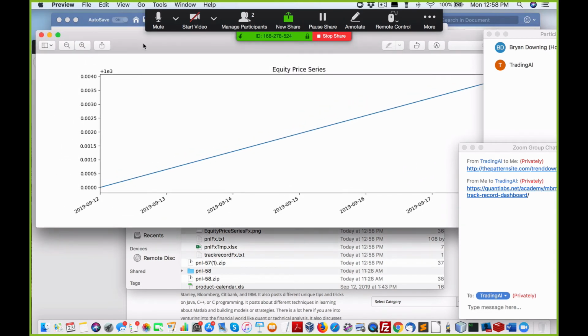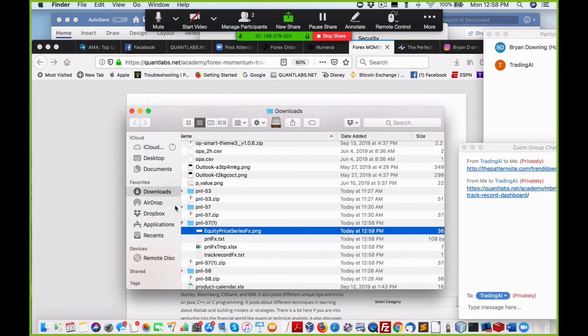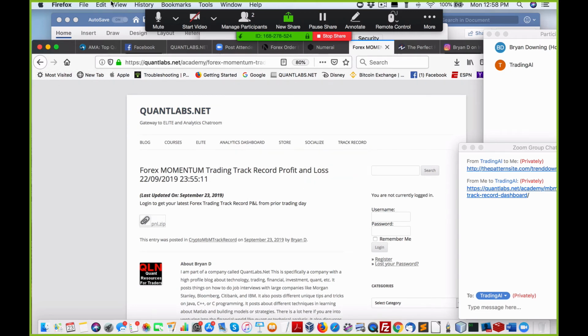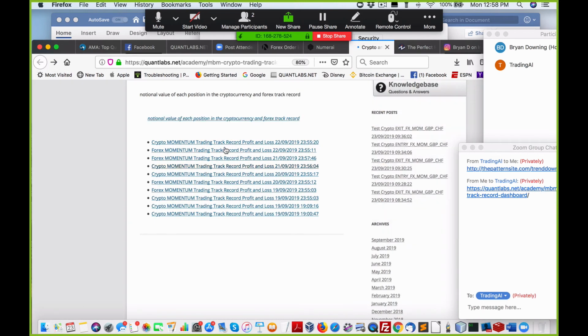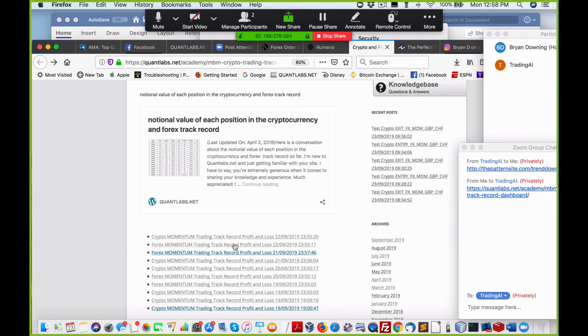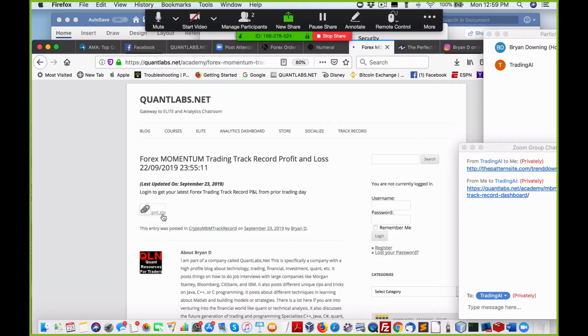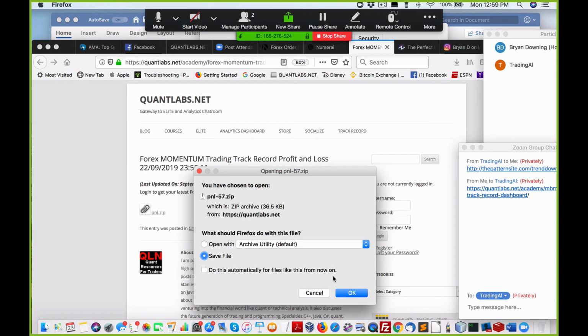But then if I showed you the crypto with that losing day, just the one trade, this is what can happen. Let me go back to my dashboard and then download the crypto. This crypto one for last night, the 22nd of September, had a losing trade, but look what happens. That's down.